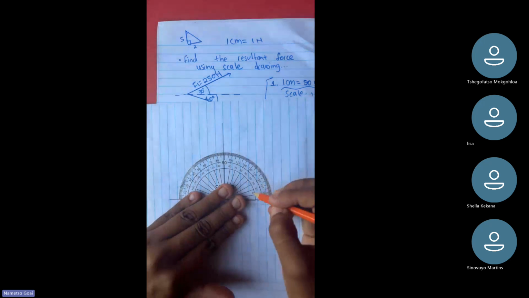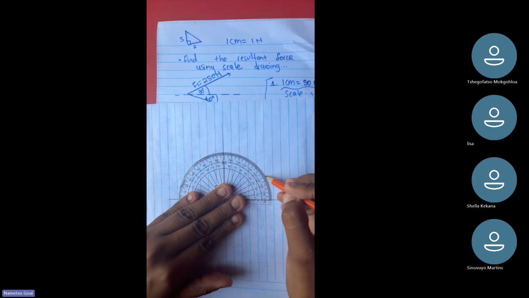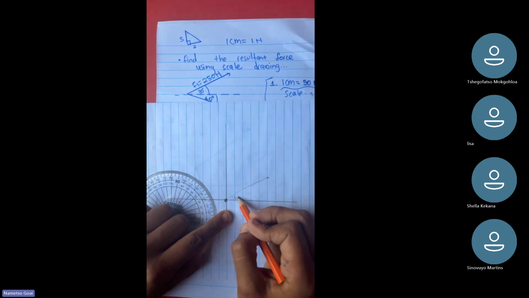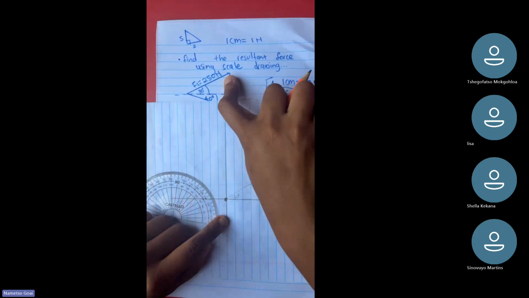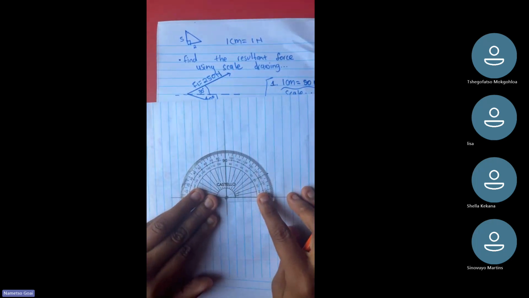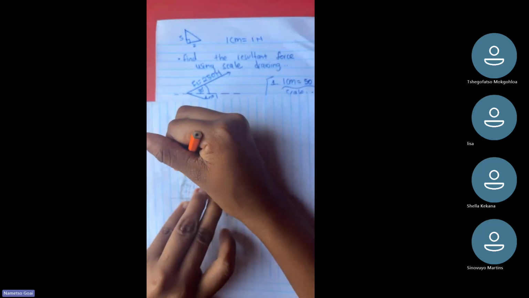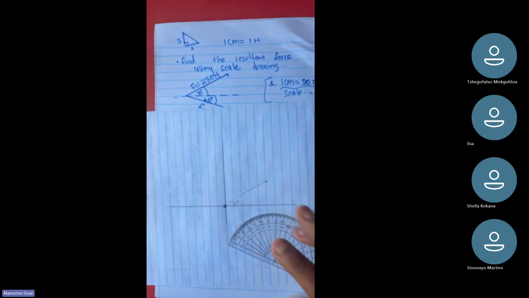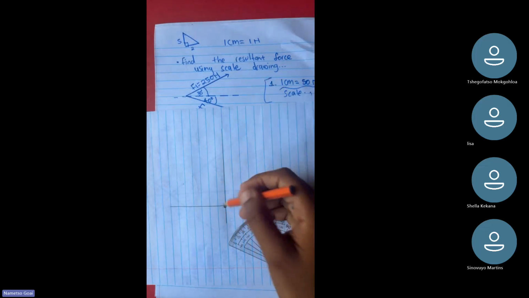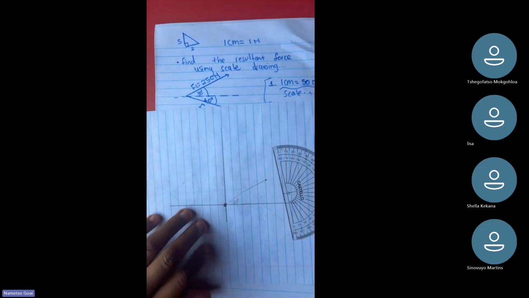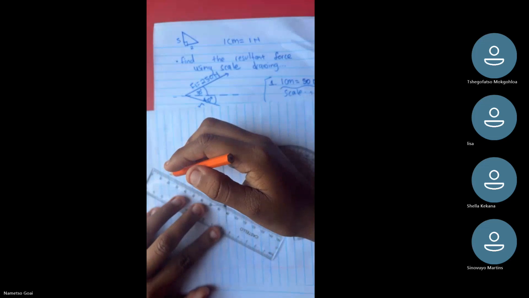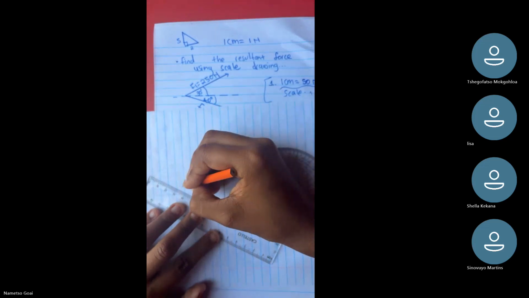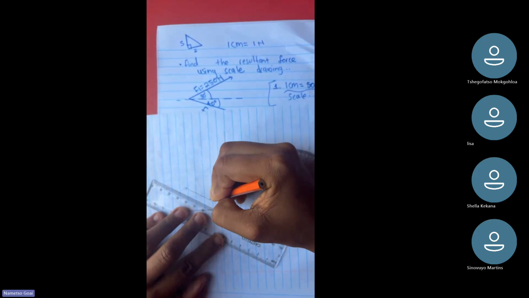If you draw from this 30 and put it here, it gives you a 30 directed over here. But if you take it from here and draw this 30, it would be towards the negatives. And not just that, if you're measuring relative to your y-axis, it's going to give you this angle over here.